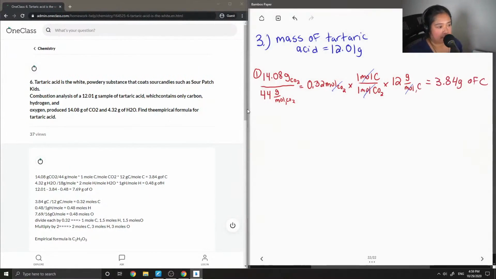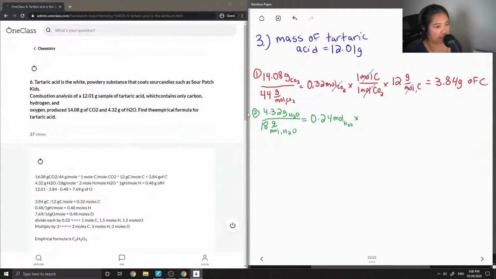So now let's do the same thing for hydrogen. 4.32 grams of water was produced after the combustion. And the molar mass of water is 18 grams per mole. So now I'm going to find the number of moles of water just by dividing those two values, and you get 0.24 moles of H2O.